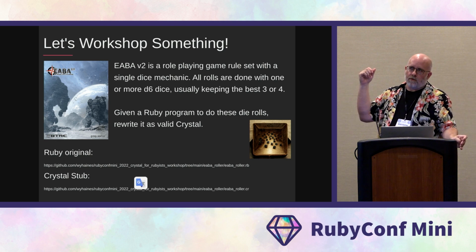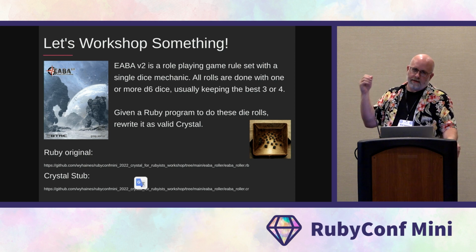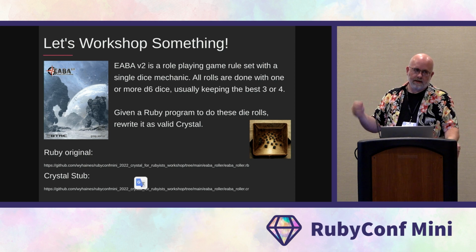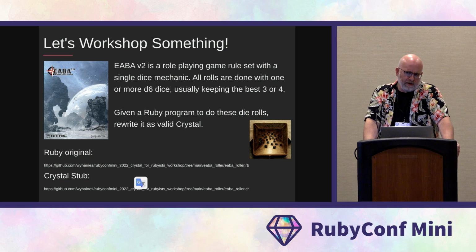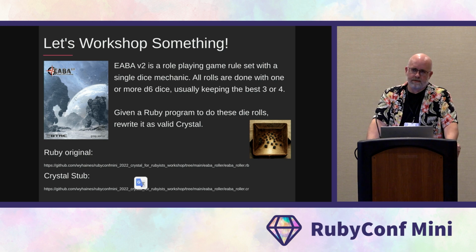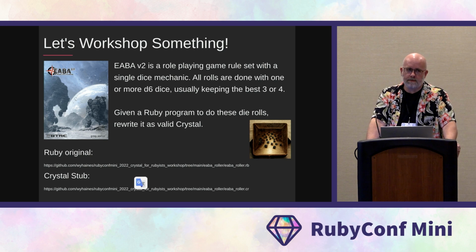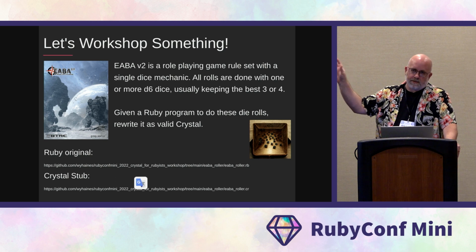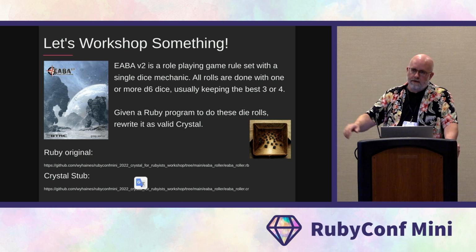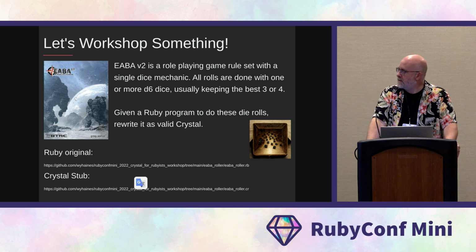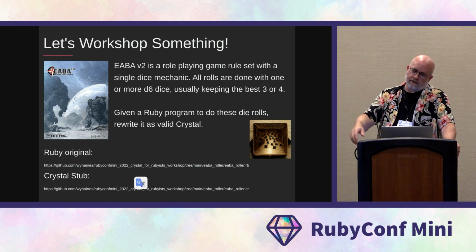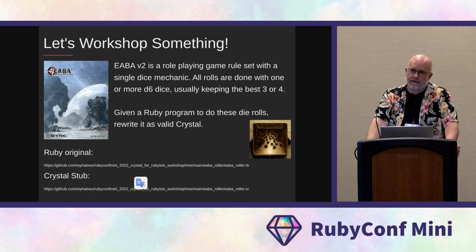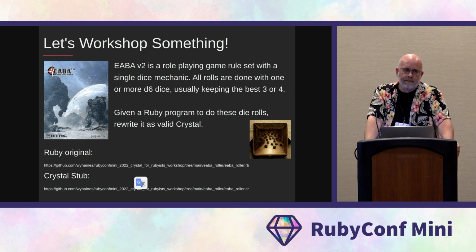But Crystal has a really, really nice facility for interfacing with C libraries. Ruby is pretty good at that, but Crystal is just stupidly easy. Basically you can just link to a C library and use it almost like Crystal code. So it's really nice for interfacing with graphics libraries and things like that. And I know some people are doing that.